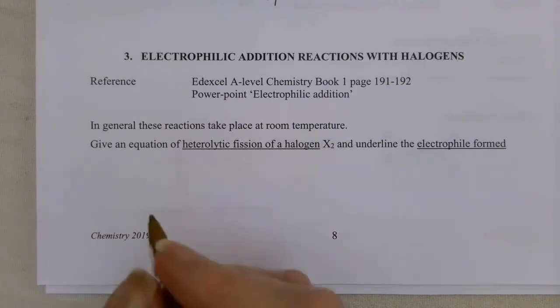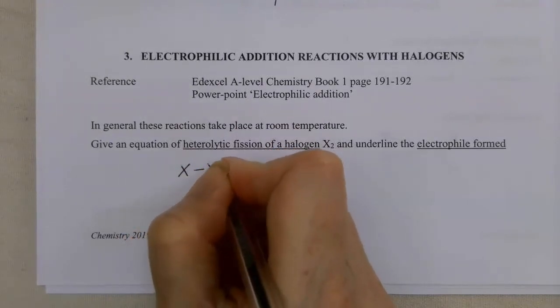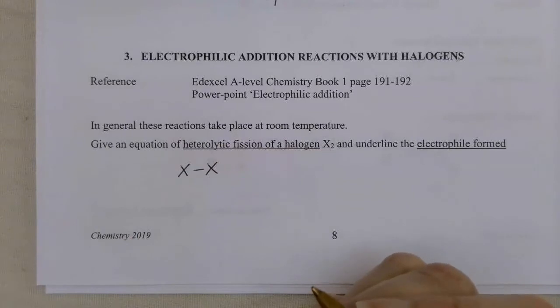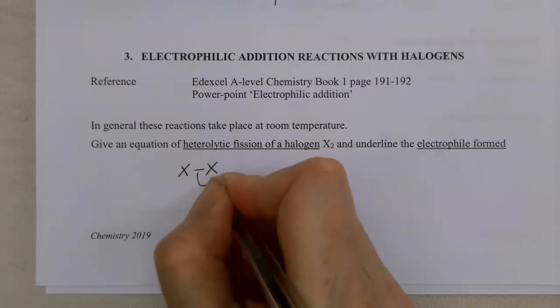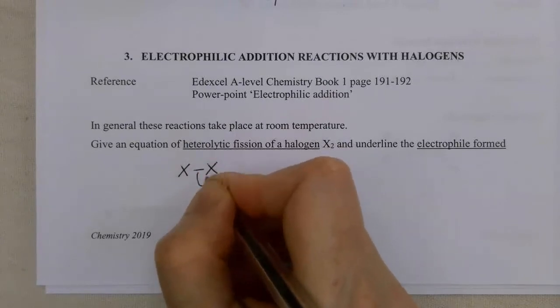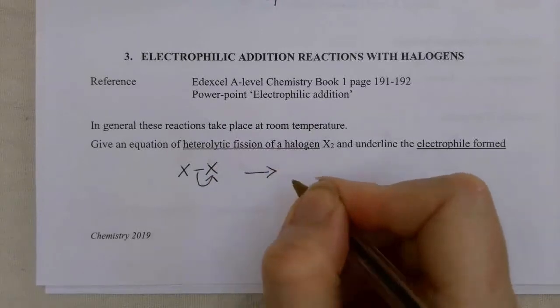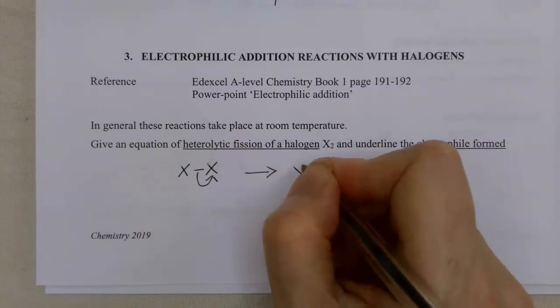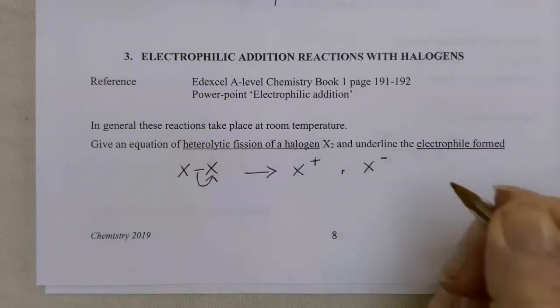Again, we get this heterolytic bond fission, so we're going to take our halogen, could be chlorine, could be bromine, and we're going to break it up. So we're going to take the electrons from the bond and put them purely onto one end. So it's heterolytic because we end up with an X positive and an X negative.